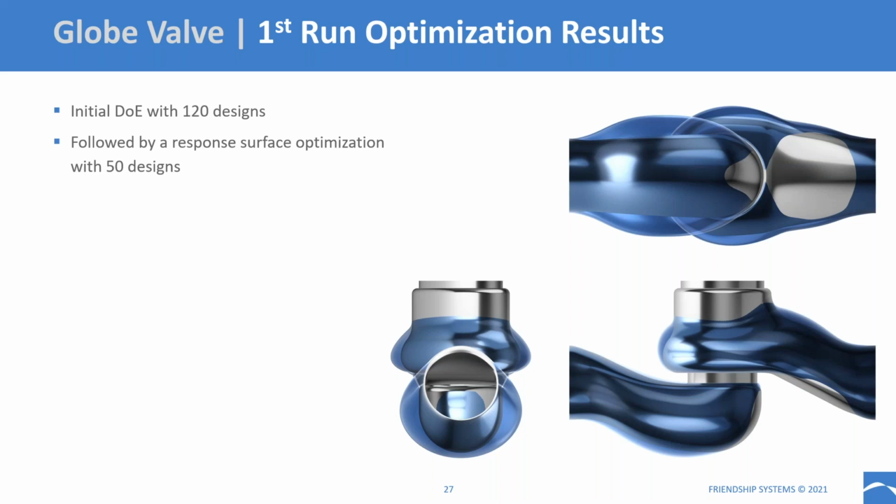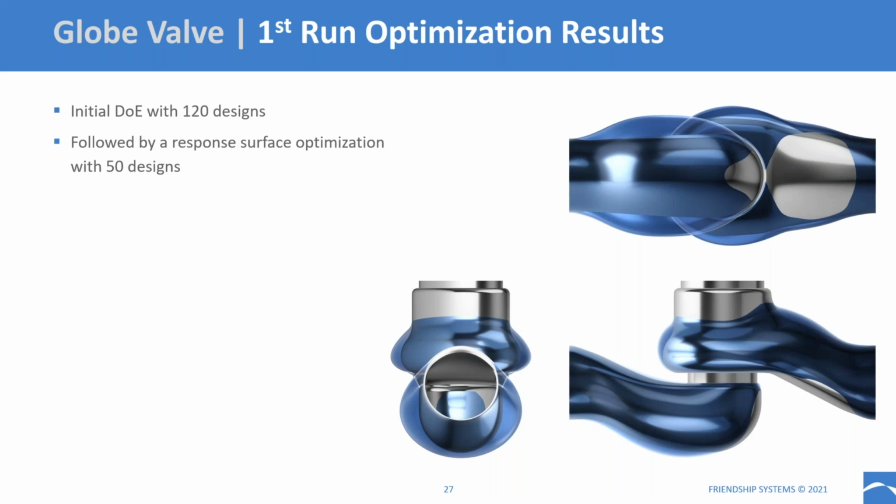We started the whole process by doing a DOE, a design of experiments, which is basically an exploration of the design space with 120 designs. This probes our design space in all its different regions to give a first idea of the correlations between the geometry parameters and the output parameters.